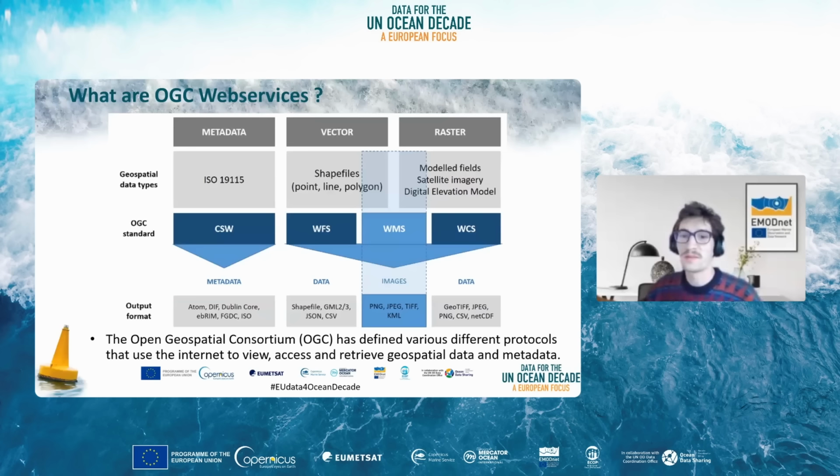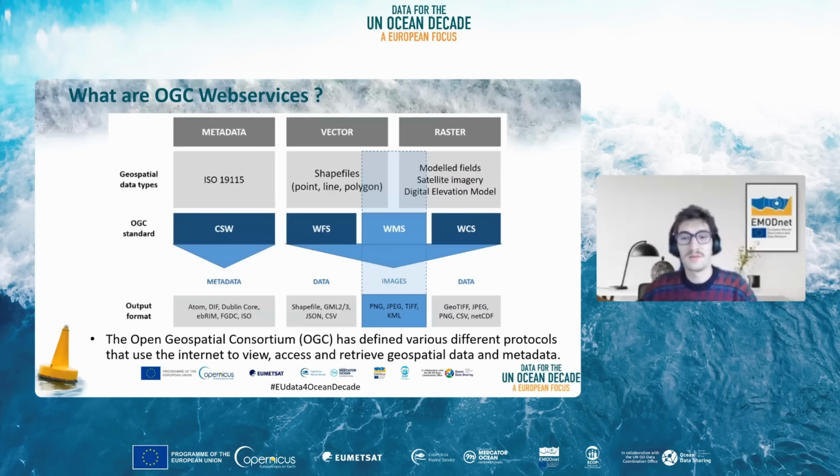So to start with, the web feature services, which are WFS here, are used to access vector data, which are stored as, for example, shape files or JSON files. The web coverage services are used to access raster data, such as geotiffs or netcdf files, as well as images.